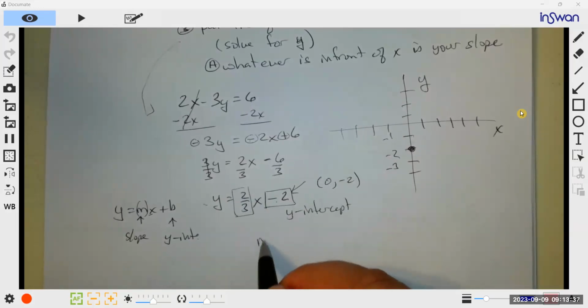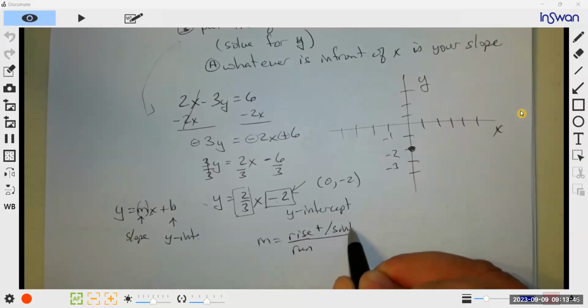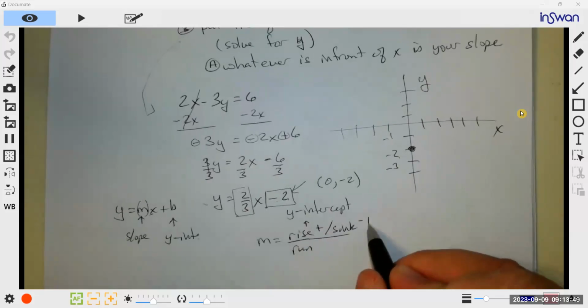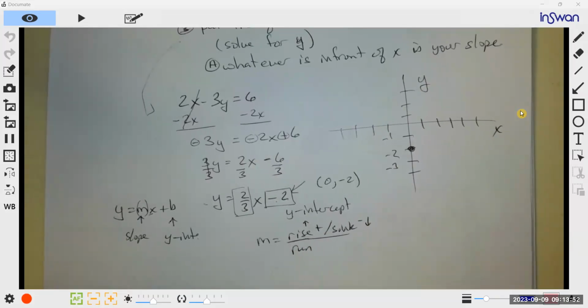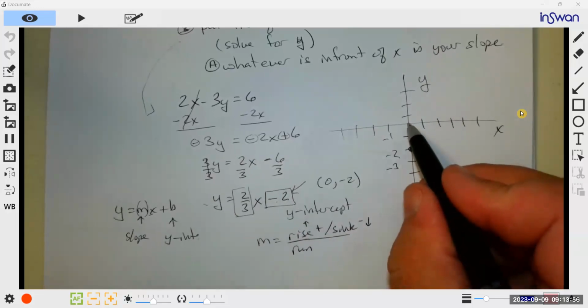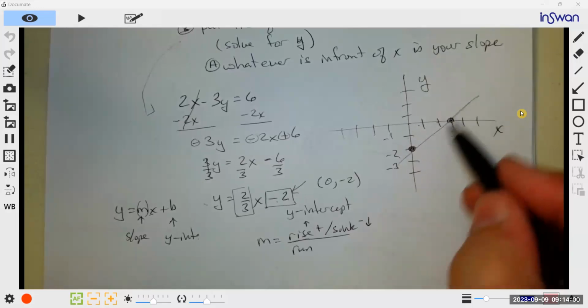Remember, slope is rise over run. Rise if it's positive, sink if it's negative. It goes up if it's positive, it goes down if it's negative. Since that's positive 2 over 3, I go up 2 and over 3. And I connect the dots, and there's my graph.